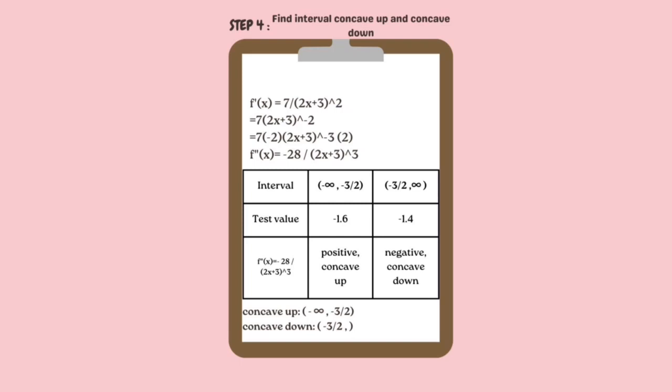The test values are -1.6 and -1.4, and we will get a positive value for the interval negative infinity to -3/2, and it is labeled as concave up. Then for interval -3/2 to positive infinity, we will get a negative value, so it is called concave down. For the conclusion, concave up is negative infinity to -3/2, and concave down is -3/2 to infinity.